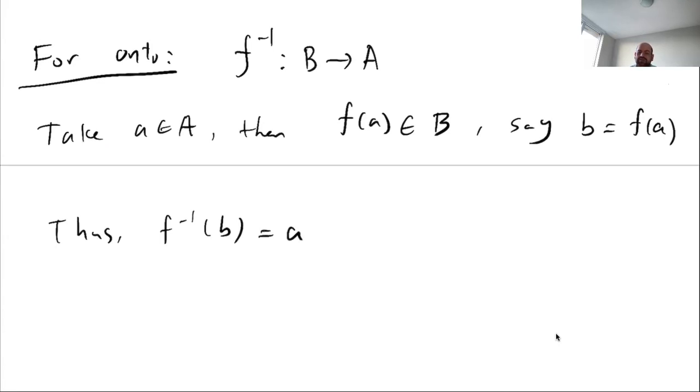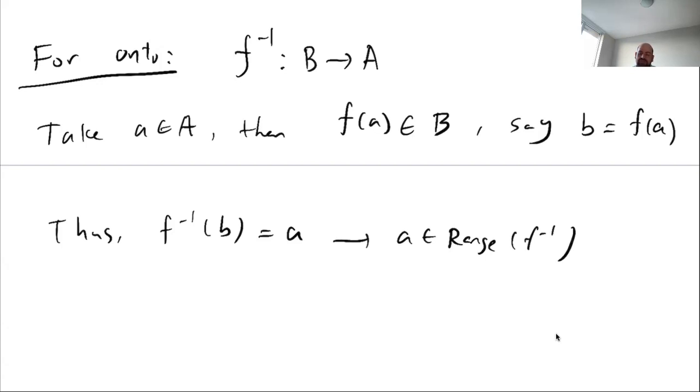I am repeatedly using the fact that the main job of F inverse is to change input with output. For the original f, small a is input, small b is output. So for f inverse, small b would be input, small a would be output. So b equals f of a means f inverse of b equals a. This is the meaning of the inverse of a function: it changes input with output. And that means a belongs to the range of f inverse.